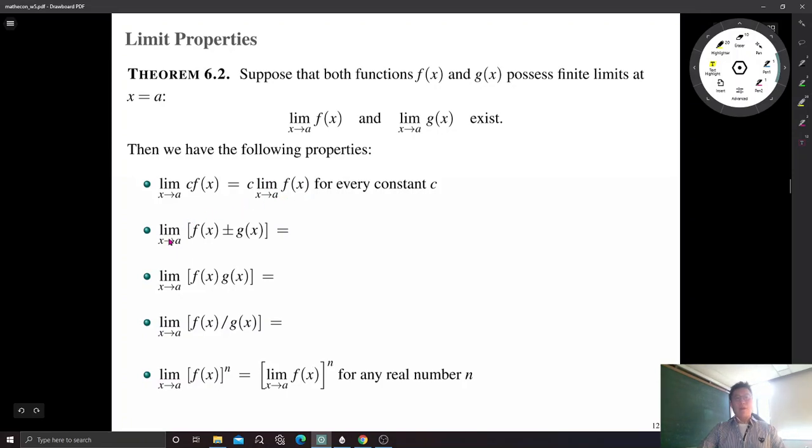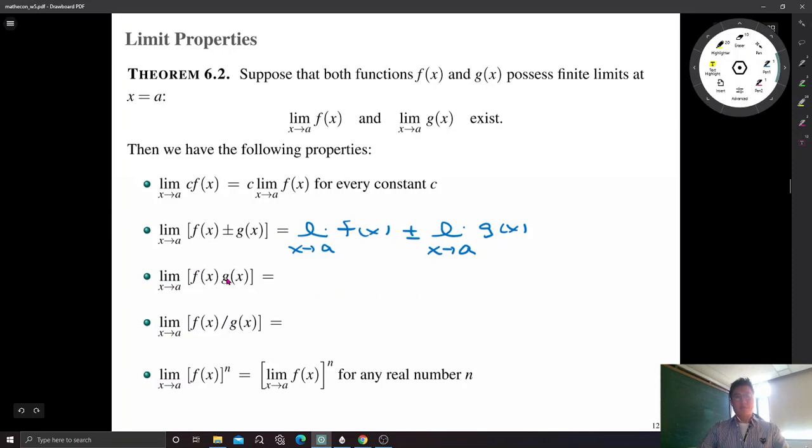And the limit of the sum of two functions, f of x plus g of x, will be the sum of the limits. So the limit of f of x as x goes to a, plus or minus the limit of g of x as x approaches a. So the limit of a sum or a difference is the sum or difference of the limits.